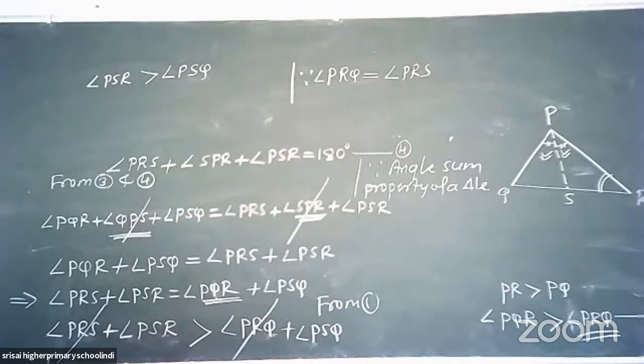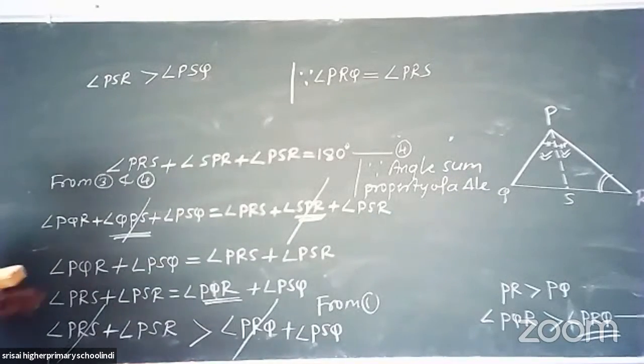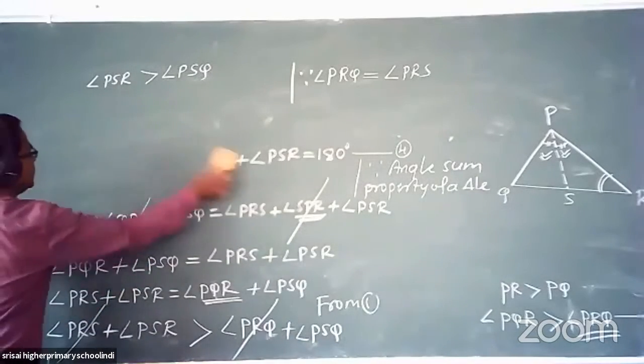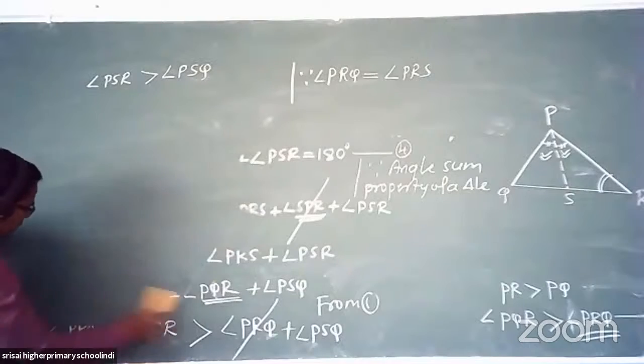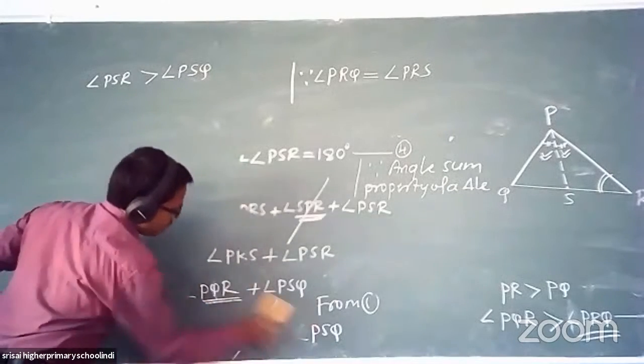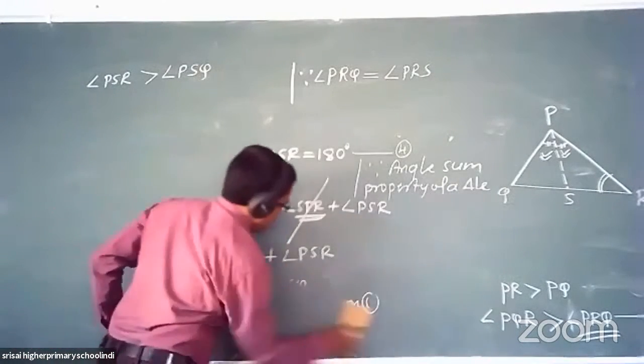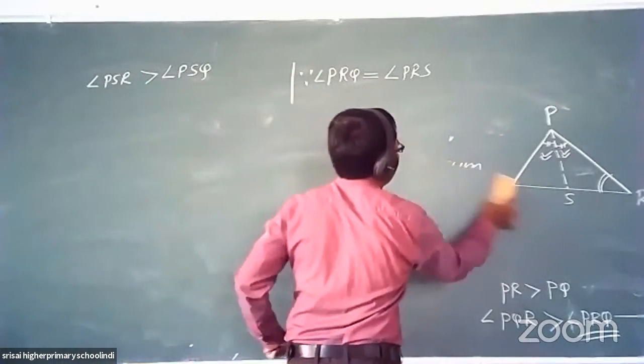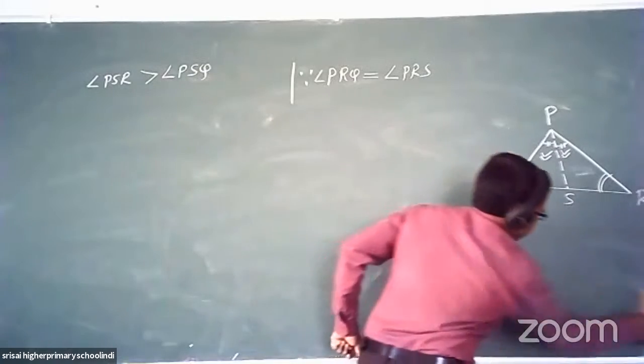All of you open your compass box, pencil, pen, all that. Shall I erase it? Here it is put on YouTube. If not understood, you can see again. I have explained very slowly. You will understand.